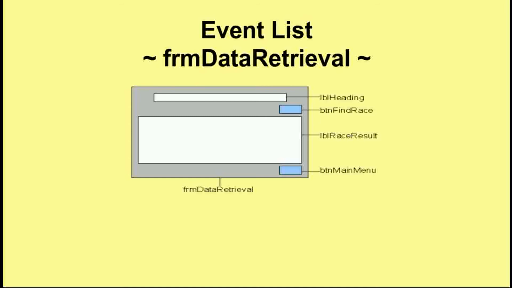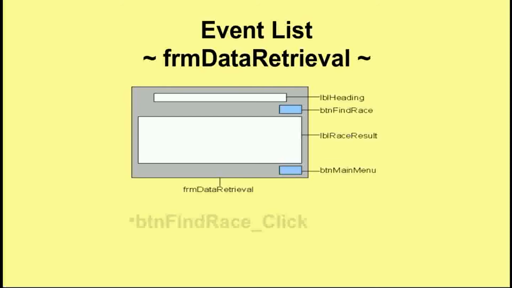The race results will appear in the race result label. They'll be able to look at several races if they want to, just by clicking the button find race again. When they've finished looking at races, they click on button main menu, and that takes them back to the main menu form again.